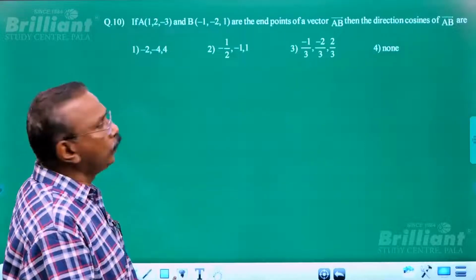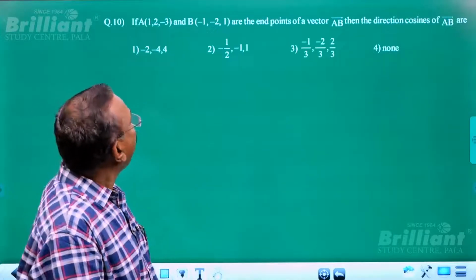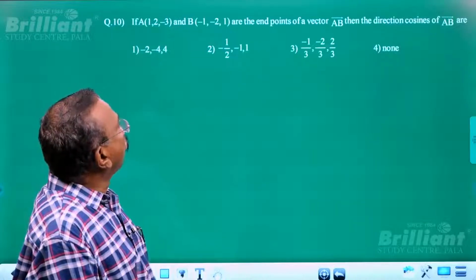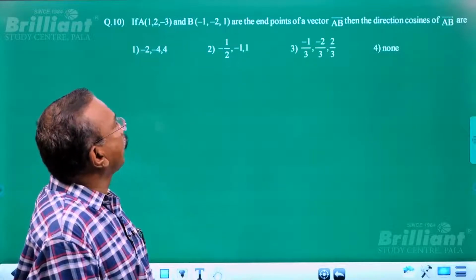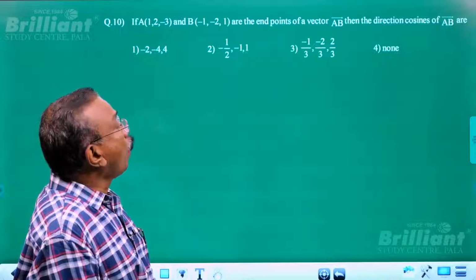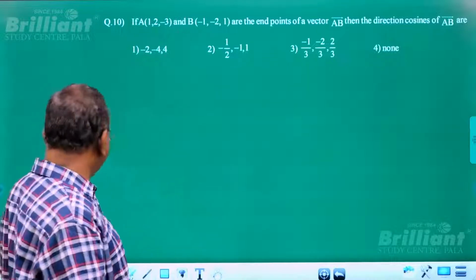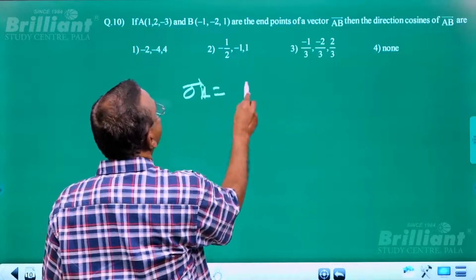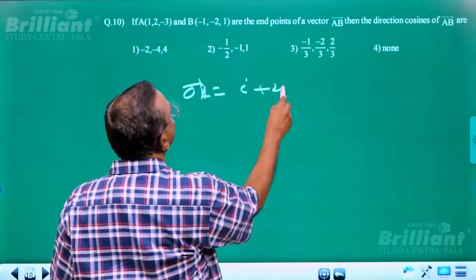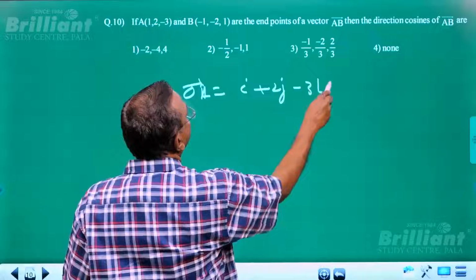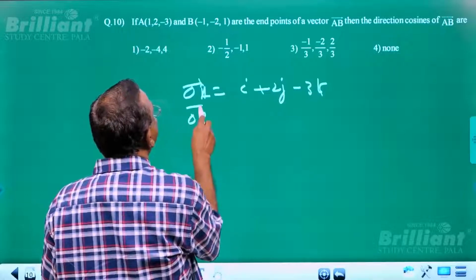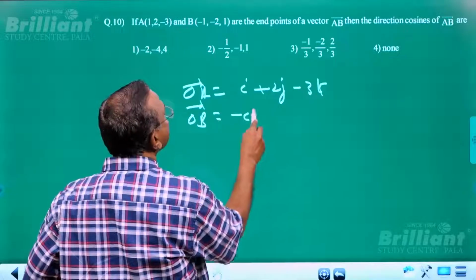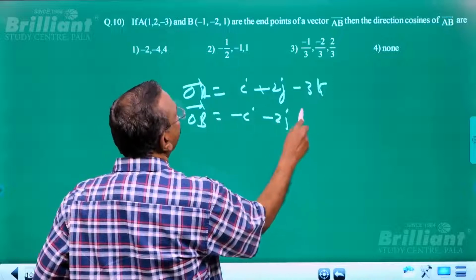Now, if 1, 2, minus 3 and minus 1, minus 2, 1 are endpoints of the vector AB, then find the direction cosines of vector AB. Initially, our position vector OA is i plus 2j minus 3k, and OB is equal to minus i minus 2j plus k.